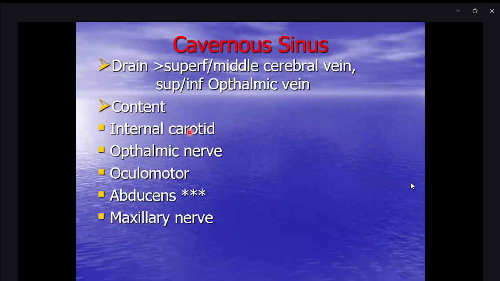Because of that, there is pressure in the blood within the cavernous sinus, which causes pressure on the nerves, the structures passing through the cavernous sinus. You can see an injury in the cavernous sinus of the internal carotid can lead to problems of eye muscles and also innervation from the face. The abducens passes in the middle of the sinus, and therefore, if you have pressure, the first nerve that will be affected will be the abducens.